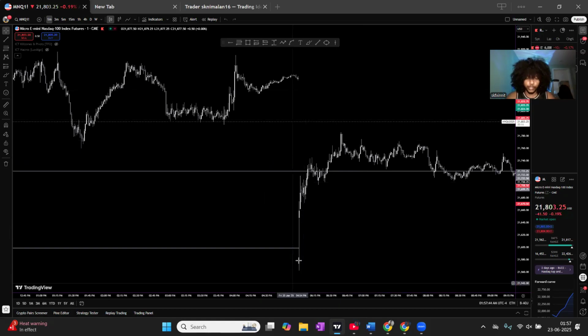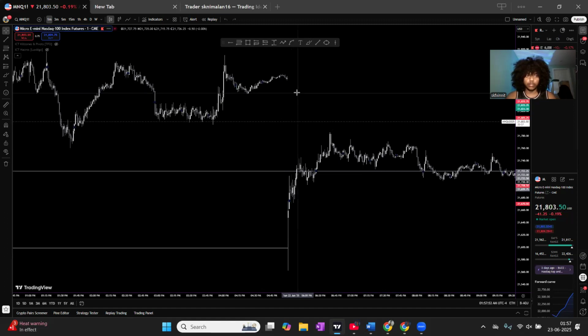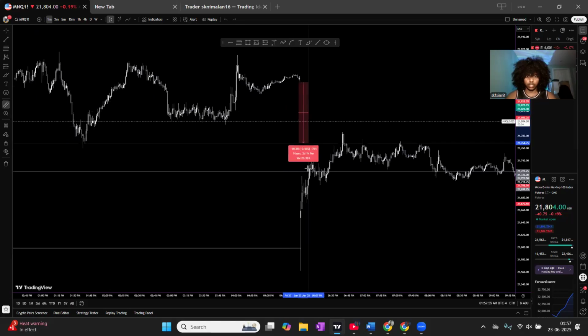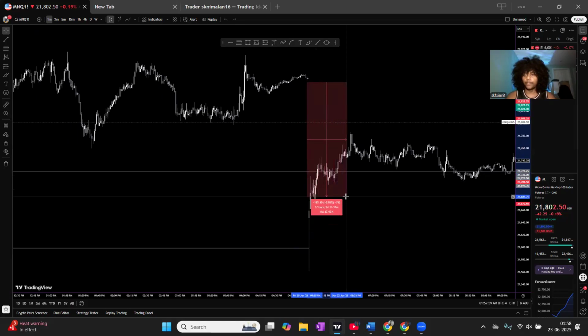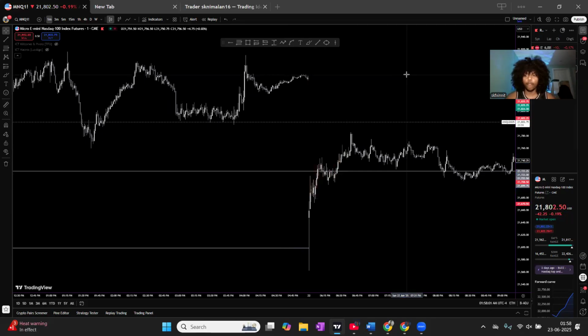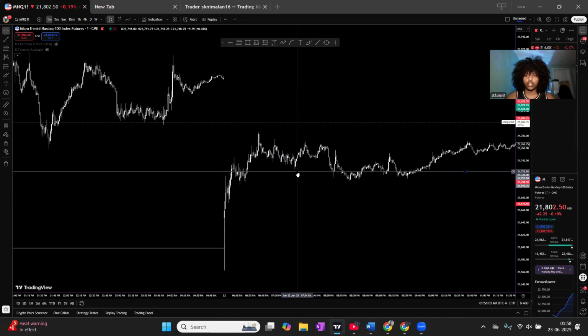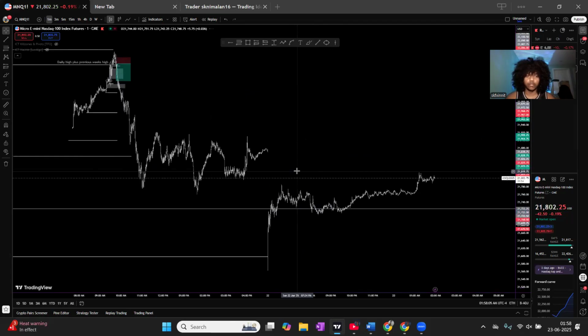Anyways, there's a huge market gap. I don't even know how. I literally didn't want to see the market until now. So it's almost 200 points, 188. So it's a huge gap, to be honest.